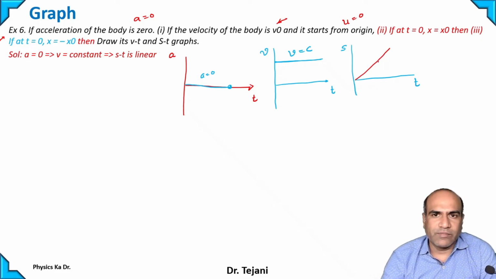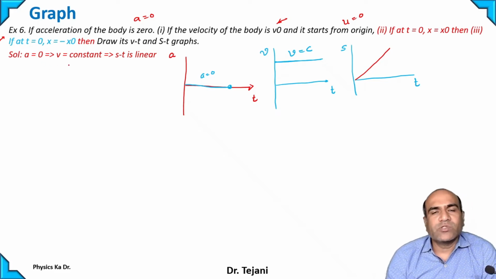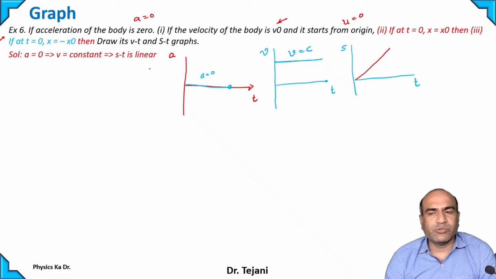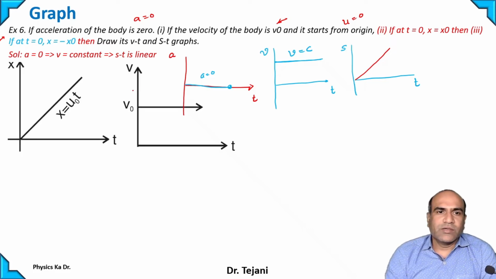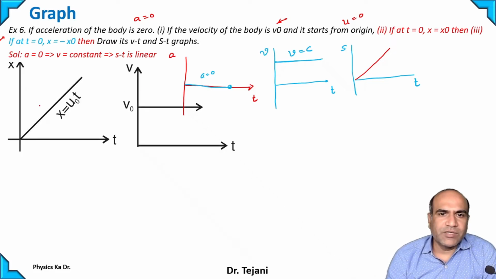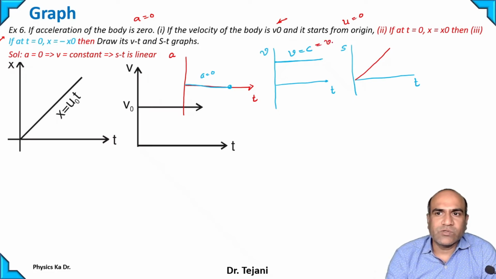That we know very well. So here it is given acceleration is equal to 0, so velocity is constant and the st graph should be linear. That we already drew. So here this is our st graph and this is v and v0, that is the given velocity, v0. So we can draw like that.